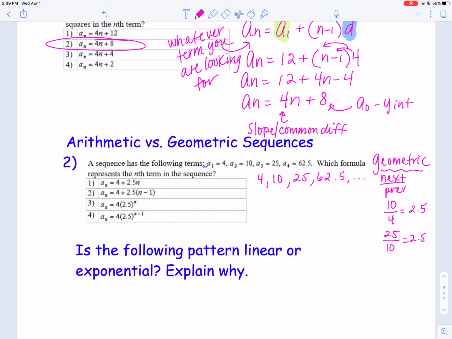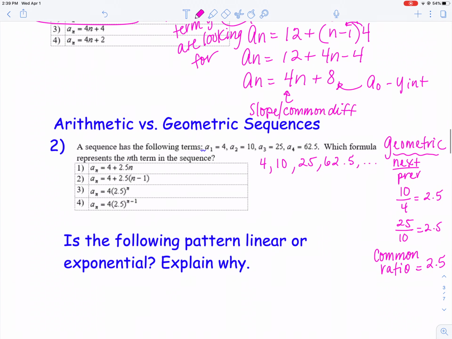It doesn't matter. You could do 62.5 divided by 25. You'll get 2.5. So your geometric sequence has what we call a common ratio instead of a common difference. And here that common ratio is 2.5. If you multiply 4 by 2.5, you get 10. 10 times 2.5, you get 25.